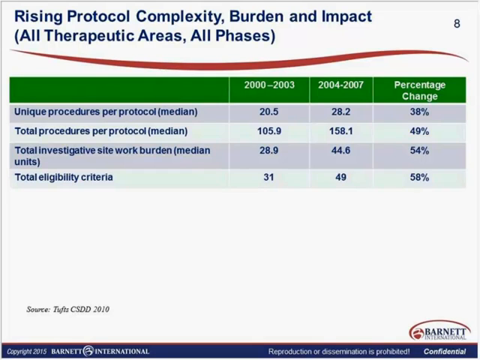I think they periodically update this. I'm not sure if I have the latest facts and figures, but the message is that protocols are getting increasingly more complex. And if anyone's interested in some of the articles where they calculated work burden, it's interesting, the earned value units and things that they did to try to calculate the impact that these increasingly complex protocols have for the sites.